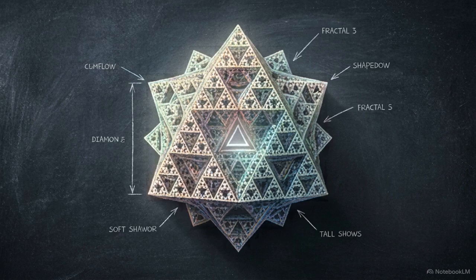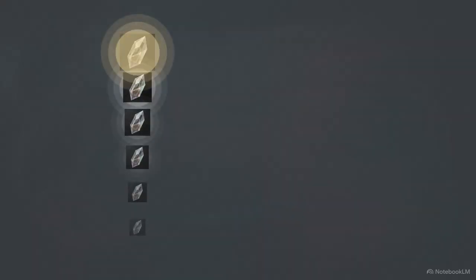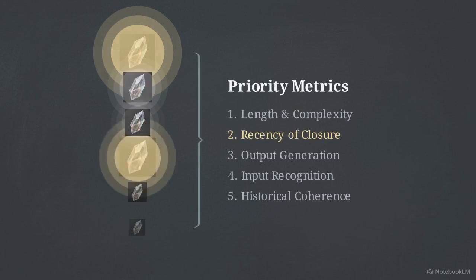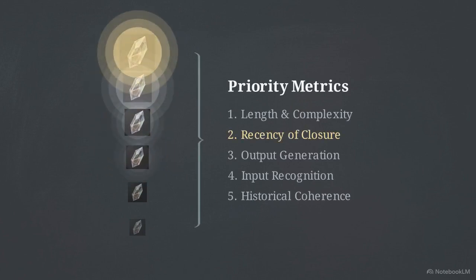Each entry is a fractal tensor, nested triangles that achieved mathematically perfect closure in the past. These crystals compete to stay in the operational record. The system assigns priority based on length, recency, and how often they contribute to successful closures. If a crystal loses its coherent utility, it cools and is displaced from the main cascade.